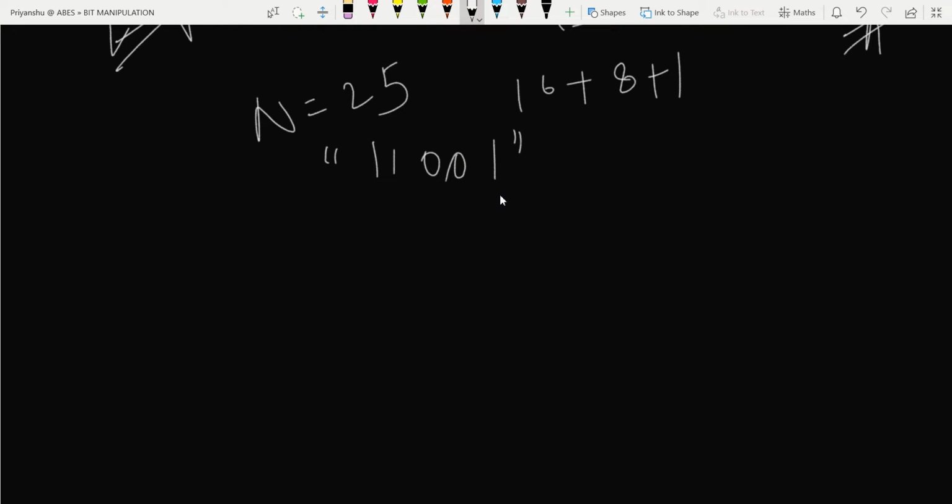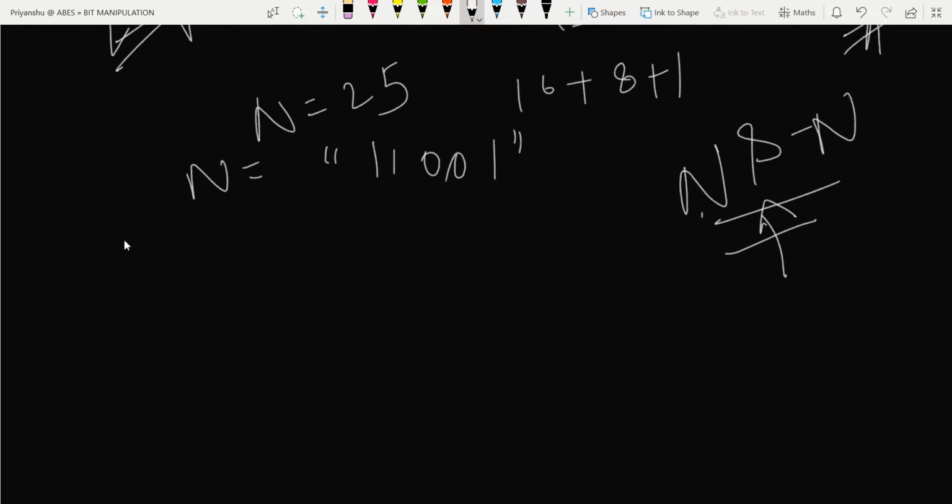Now, how can we do it? I have told you that the rightmost set bit can be found out by taking n AND minus n. So we know the binary representation of n. So how can we know the binary representation of minus n? How can you find the binary representation of a negative number?